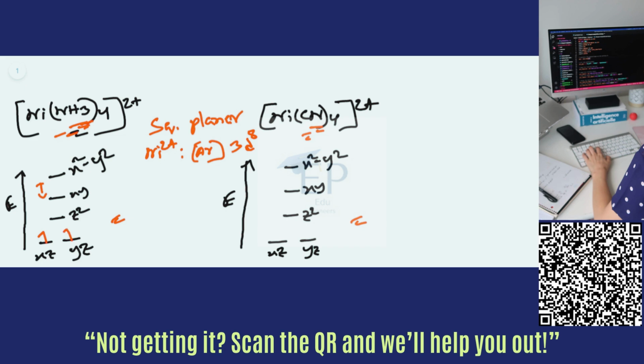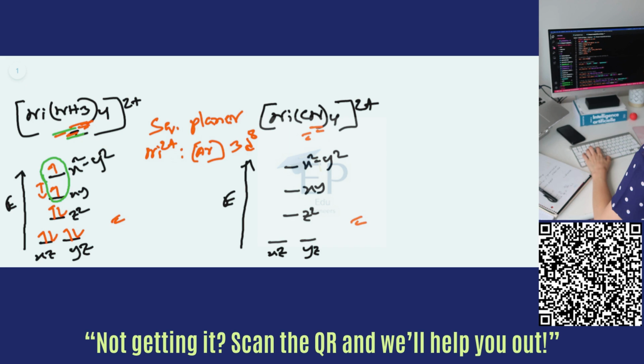So the electrons will be placed like this, and then they will pair up. So we now have 5 and then 6, 7, 8. That means in case of the tetraamine nickel complex, we will have 2 unpaired electrons here. And these are the unpaired electrons for which this is a paramagnetic complex.